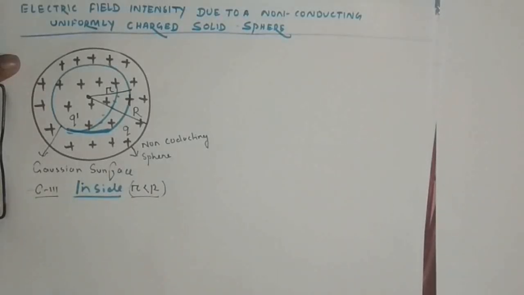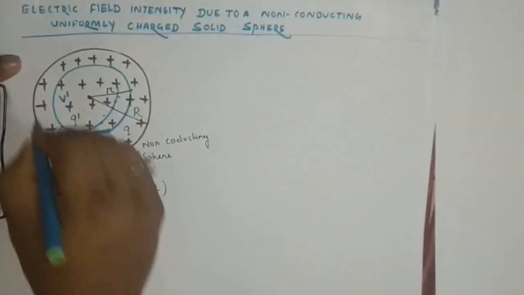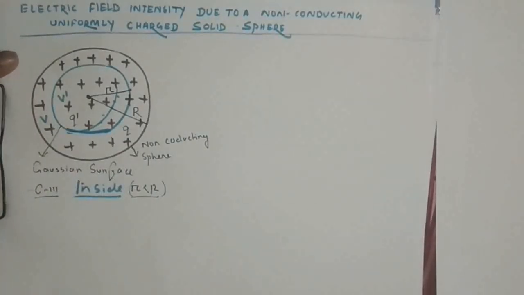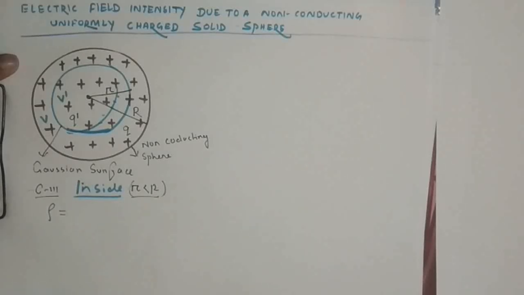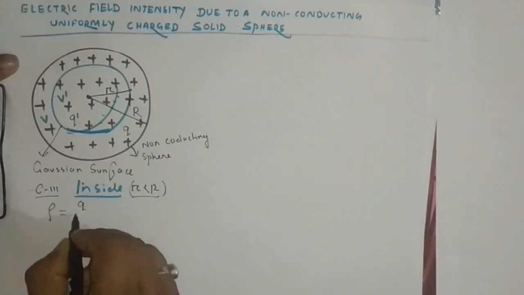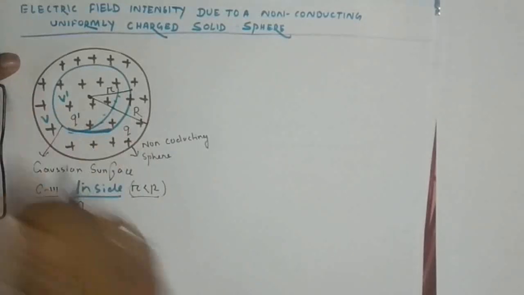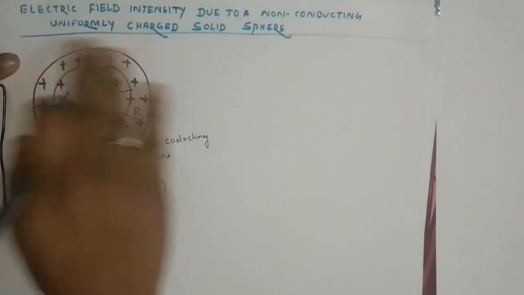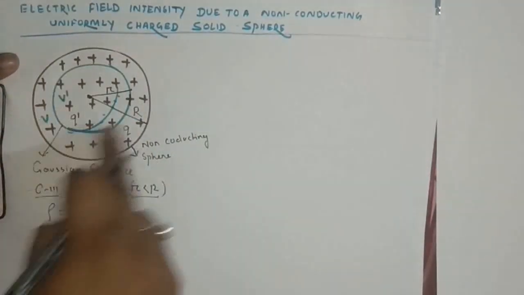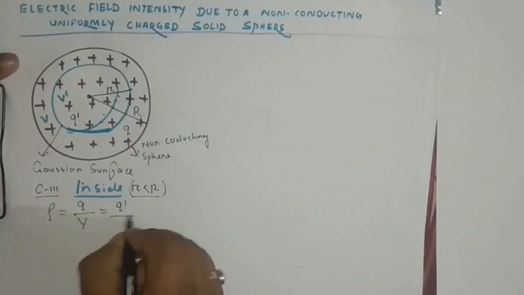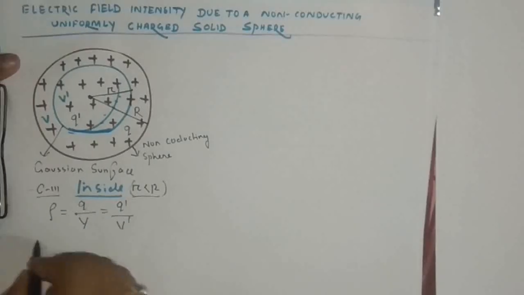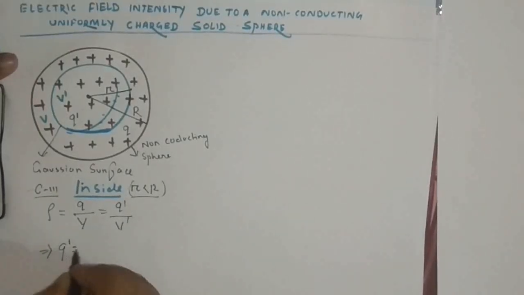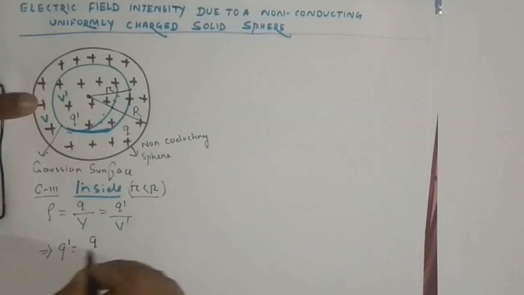How to find out? Let the inside volume be V prime and the outside volume be V. Here, charge density remains constant. That means total sphere charge by total volume is equal to the Gaussian surface inside charge by the Gaussian surface volume. Isn't it? Now, from here, what will be Q prime? That is Q by V into V prime.